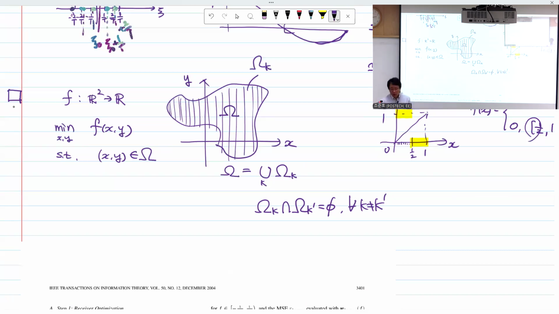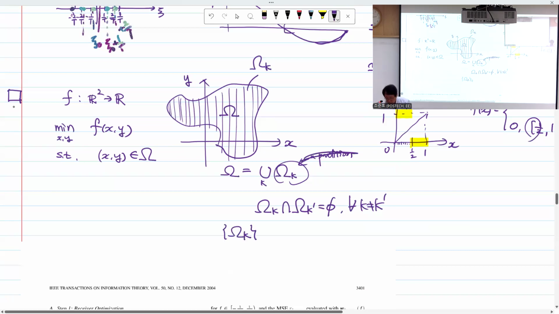So you can always divide the constraint set into so-called partitions. Each one is called a partition. A partition means that a collection of exclusive subsets over a set is called a partition.